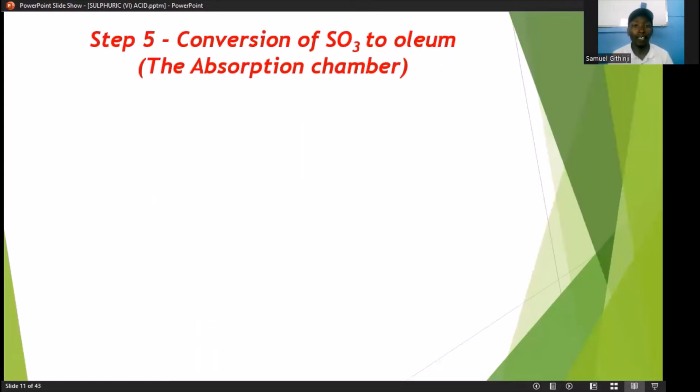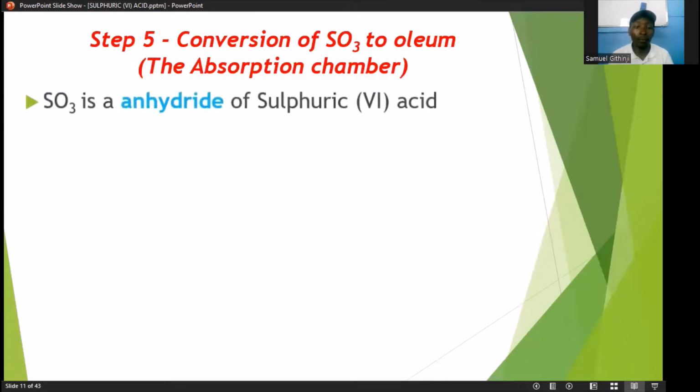Now we need to convert sulfur 6 oxide to oleum. We do not dissolve sulfur 6 oxide directly in water. Another question you need to know is why. Remember, sulfur 6 oxide is an anhydride of sulfuric acid, a non-metal oxide that can be dissolved in water to get the acid.